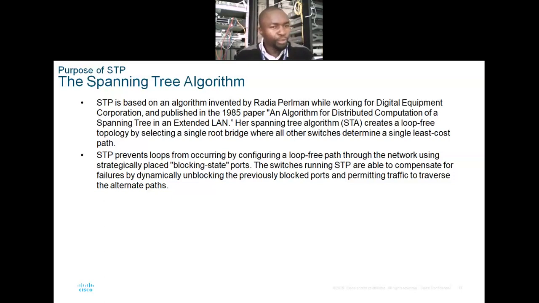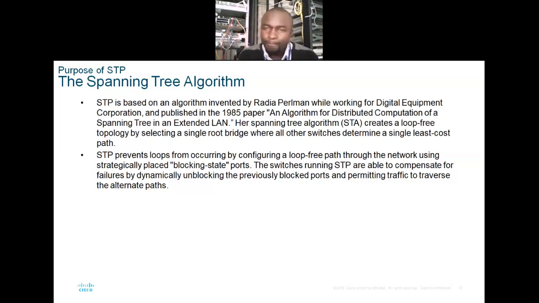So STP prevents loops from occurring by configuring a loop-free path through the network using strategically placed blocking state ports. If the switch determines that there is a loop on the network, it's going to pick one of the ports and call it a root port, then it will pick one and call it designated, then it will pick one and put it in the blocking state.